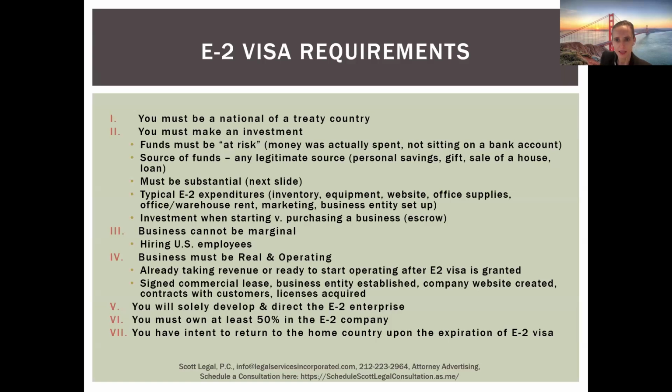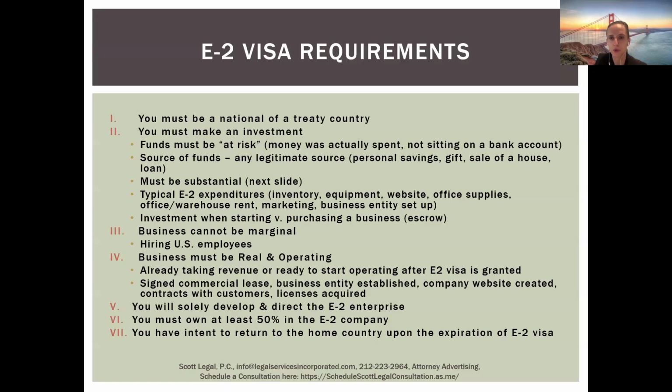So the next requirement is that you are coming to the US to solely develop and direct the operations of the E-2 business. If you're applying for an E-2 investor visa, you do have to show that you will have an active role in the operations of the E-2 company. Let's say that you are retired, you want to move to the US, and you are thinking of investing in some business, but you don't want to have any role in the business.